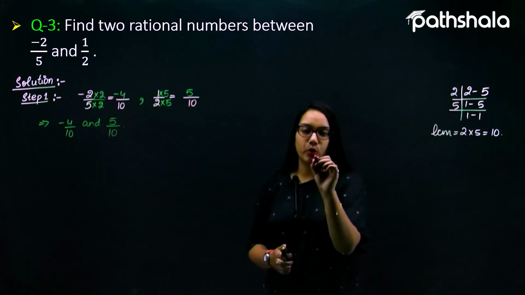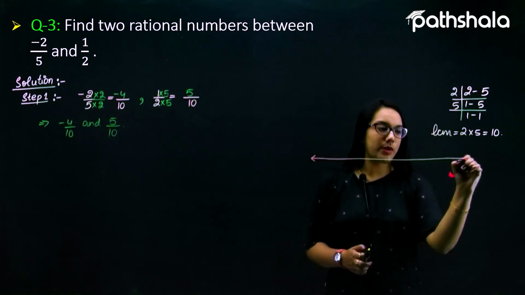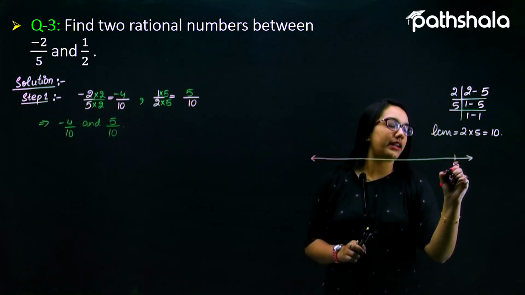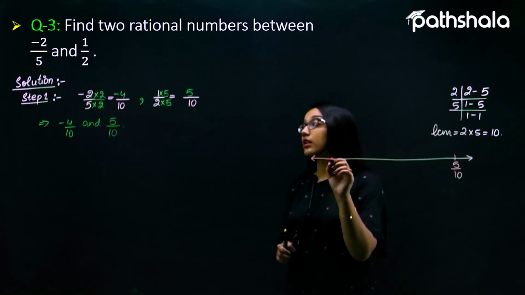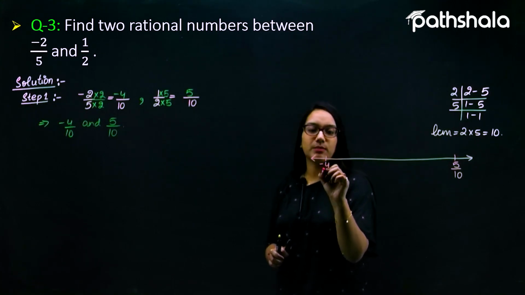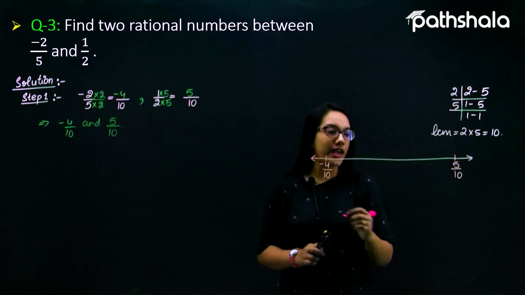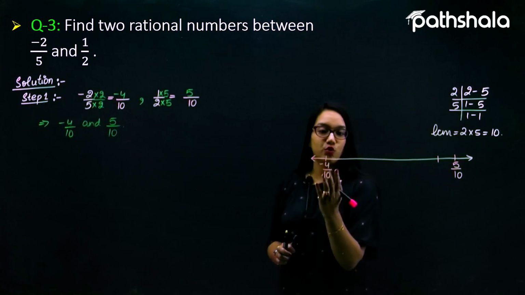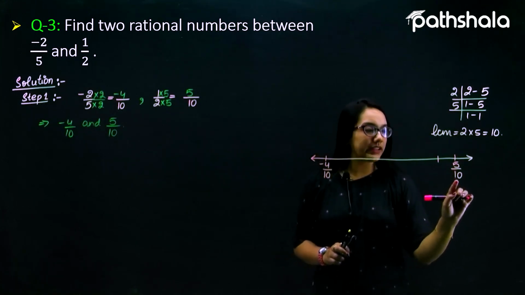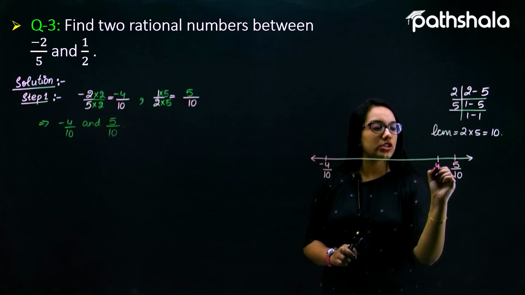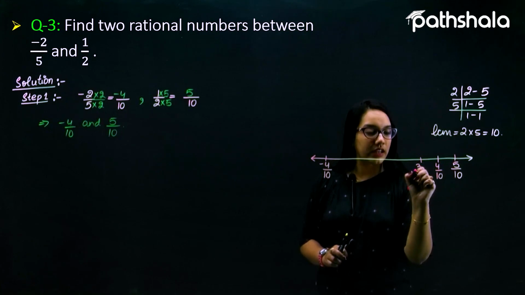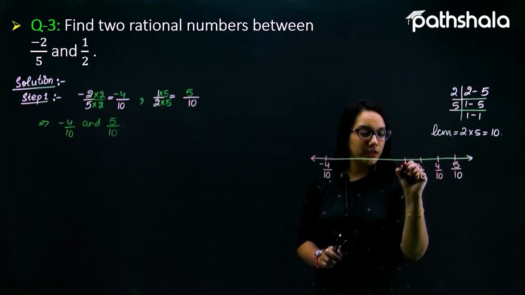Here we have 5/10, and here we have -4/10. The number decreases as we move from this direction towards this one. If this is 5/10, the number less than it is 4/10, then 3/10, and further 2/10.